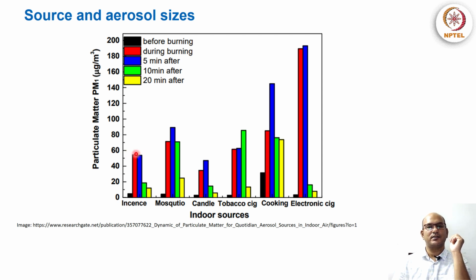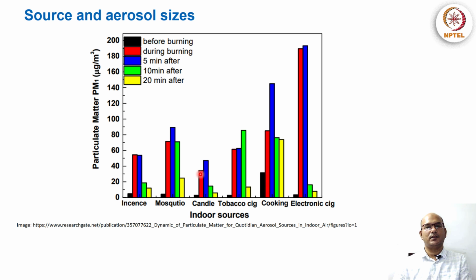The concentrations are about similar after 5 minutes, and then they go down quite rapidly between 10 and 20 minutes after the burning. In mosquito coil, again as previously, we have certain numbers during the coil burning.